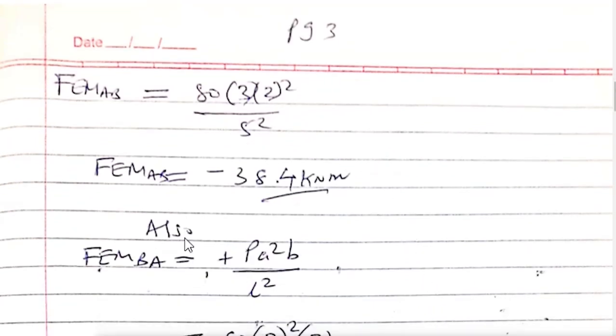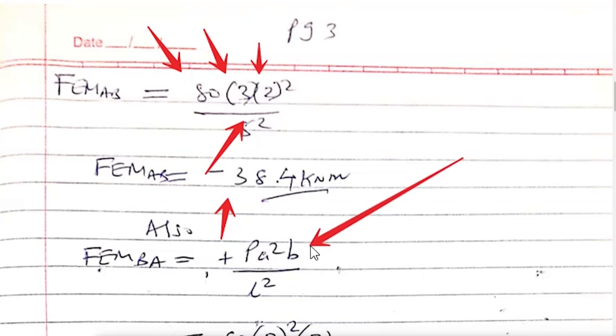Upon entering the values, P is 80 kilonewton, A is 3 meters, take the square of B and the ratio of L square. Once you calculate, you get negative 38.4 kilonewton meter.